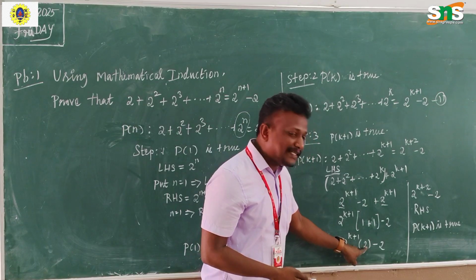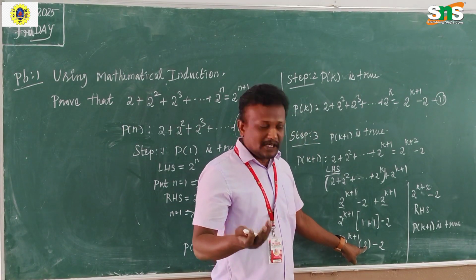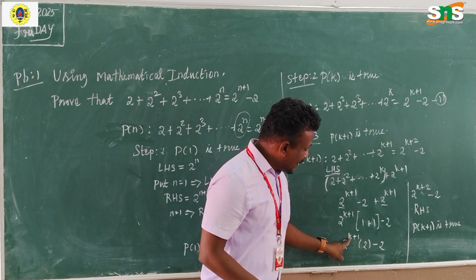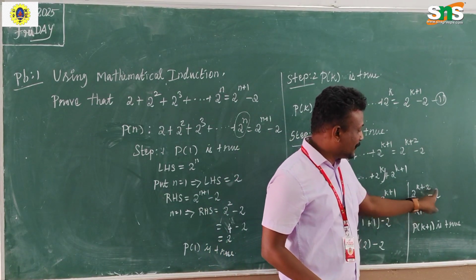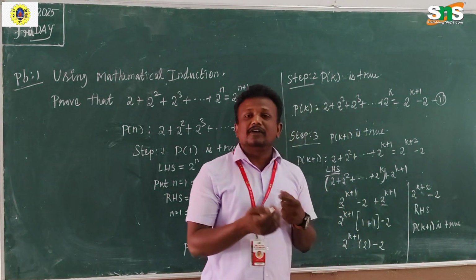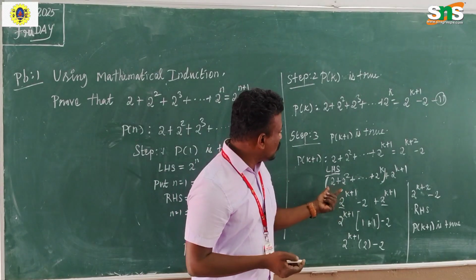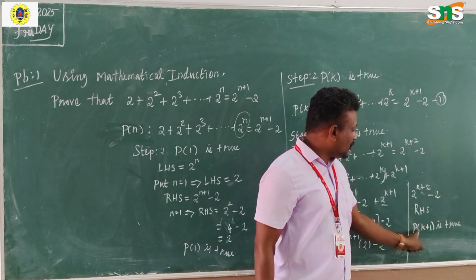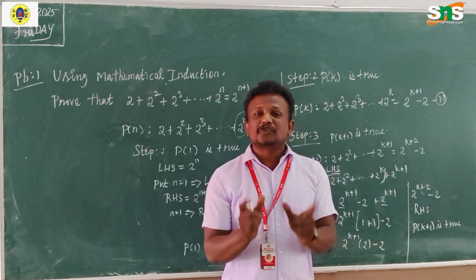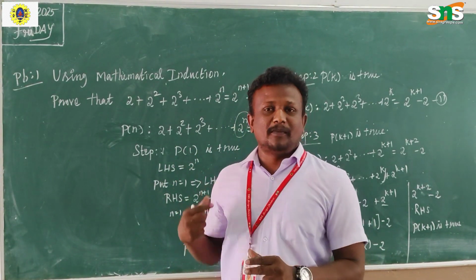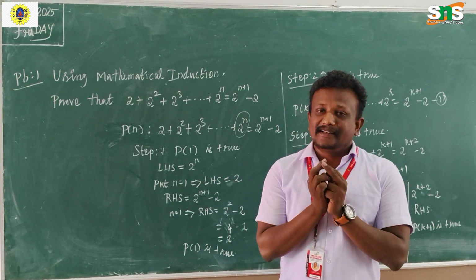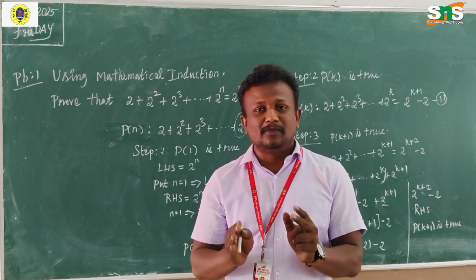Here 2 and 2 have the same base, so we can add the powers: k plus 1 and 1 gives k plus 2, so 2 power k plus 2 minus 2. This is what we wanted to show. Now the given proposition is true for P of k plus 1. Dear students, this is a very easy sum. You can easily solve this problem if you understand. I hope you all have understood this problem.